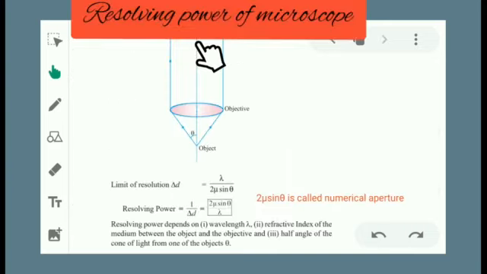Limit of resolution and resolving power of a compound microscope. The object is placed here. This is the objective. The cone of light coming from the object is incident on the objective. Half of the cone angle of light coming from the object is theta.